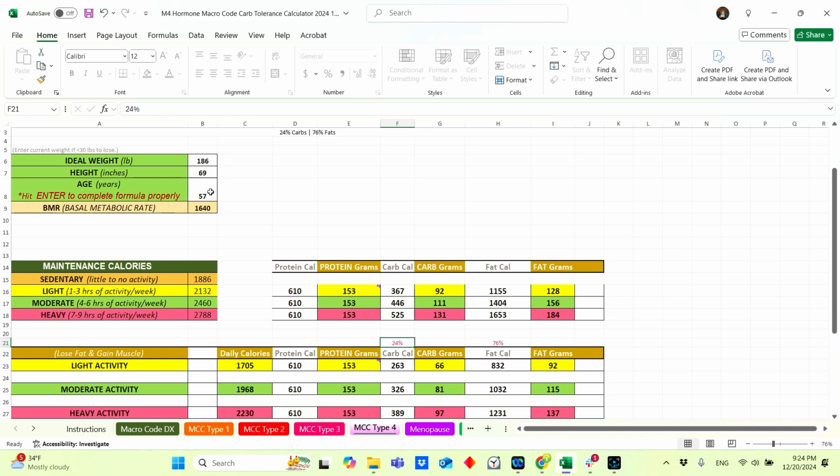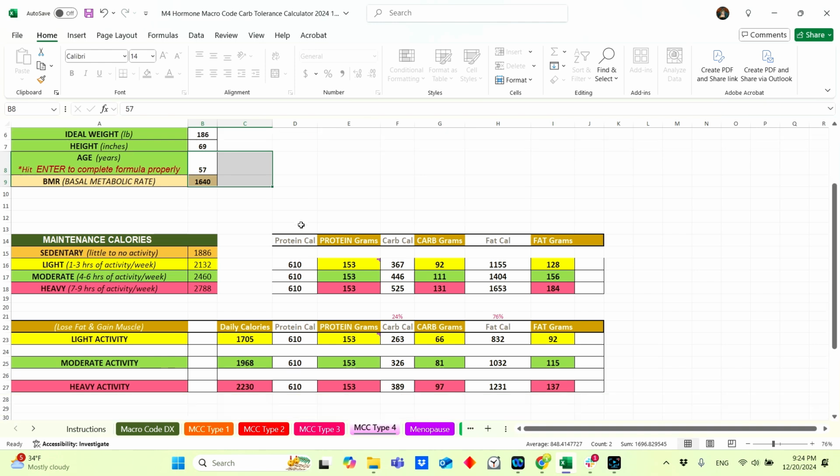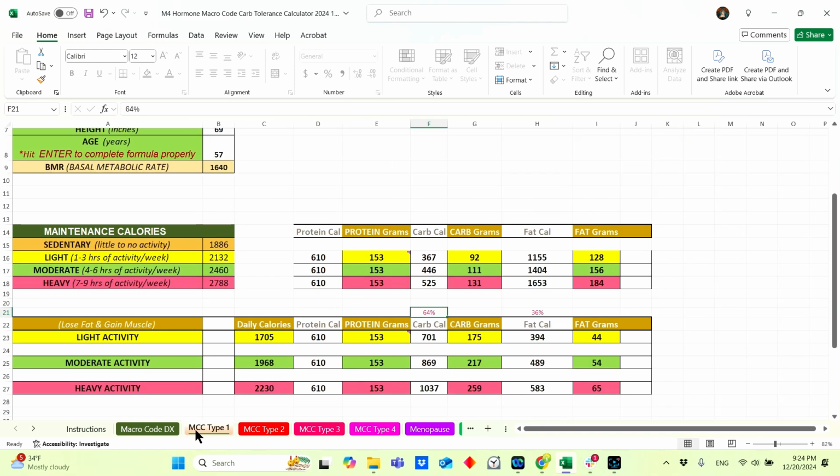186 pounds, 69 inches height, 57 years, and my carb grams is going to be 81, and my fat grams 115. Now go back to type 1: 81 versus 217 grams of carbs. See the big difference?